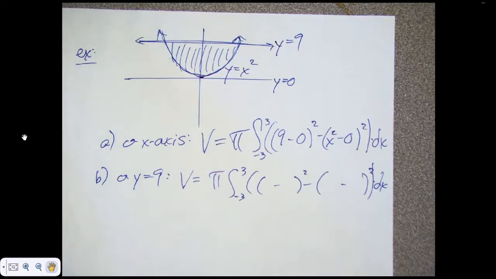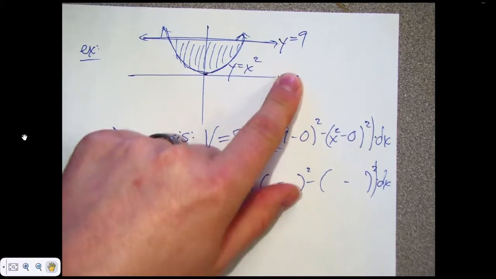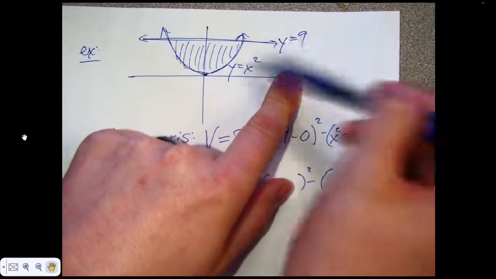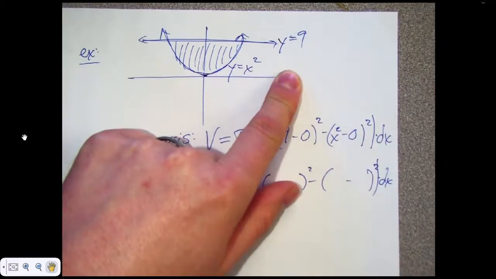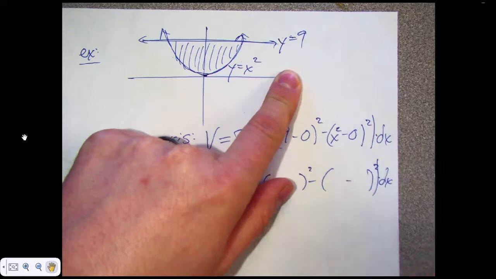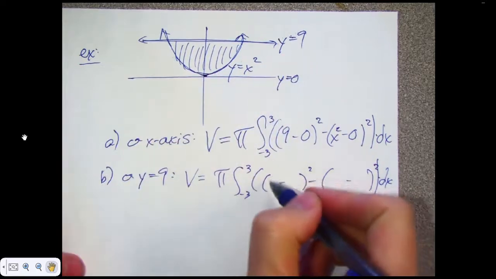Which one's farther away from the axis of revolution? And y equals 0 isn't even involved anymore, right? That was only because we were revolving around the x-axis. The only two equations I'm really concerned about now are these two. Which equation out of these two is farther away from y equals 9? X squared. How far away are 9 and x squared? 9 minus x squared.